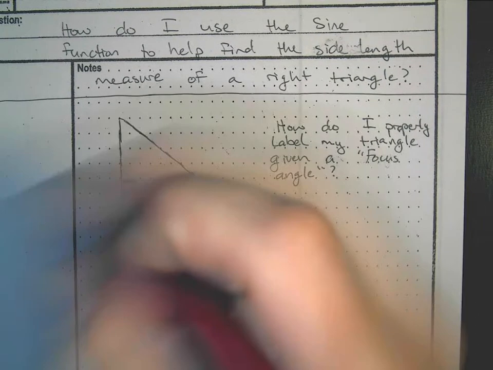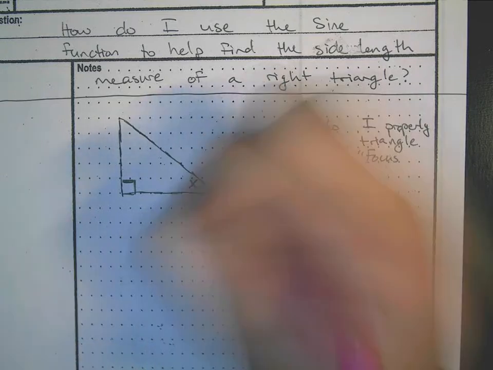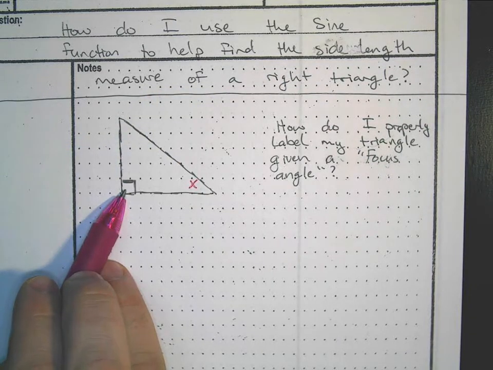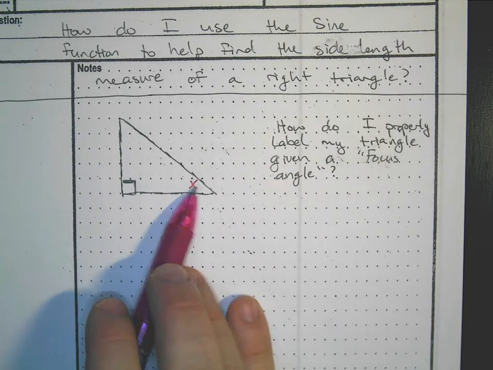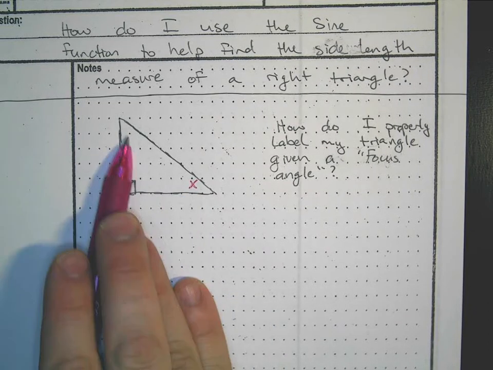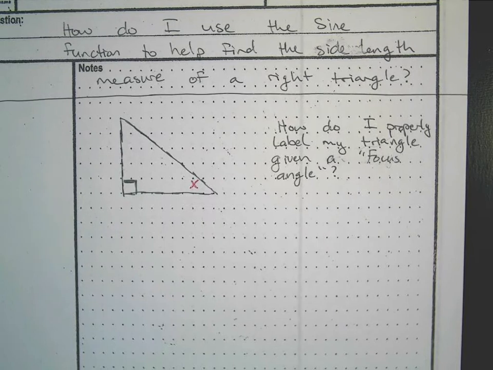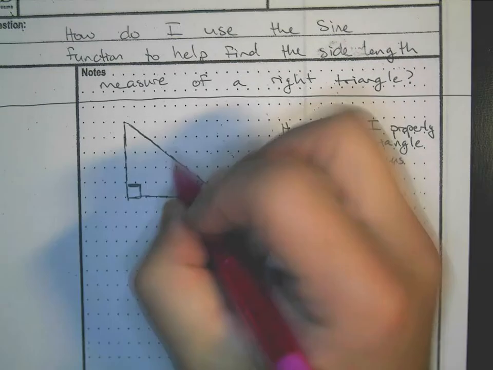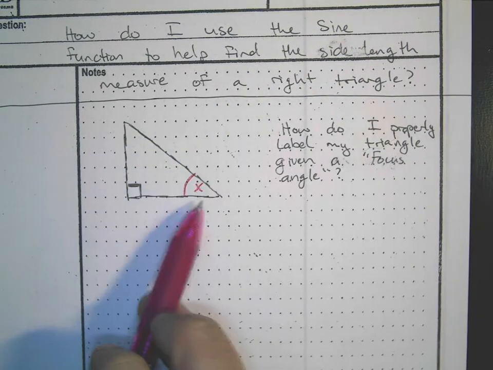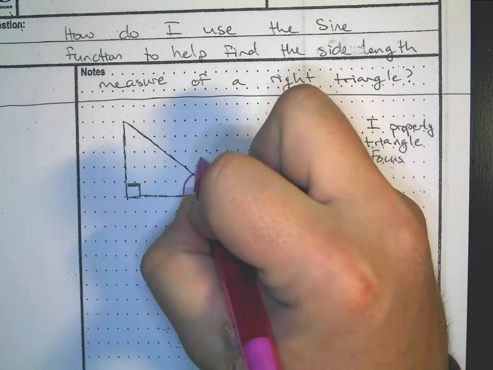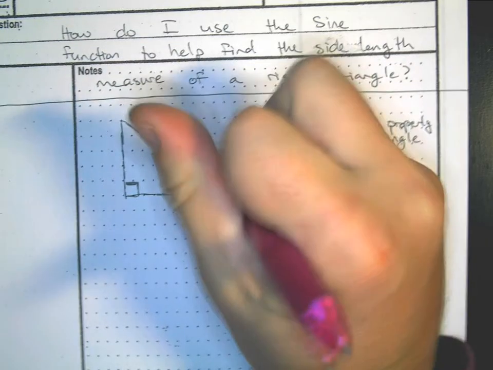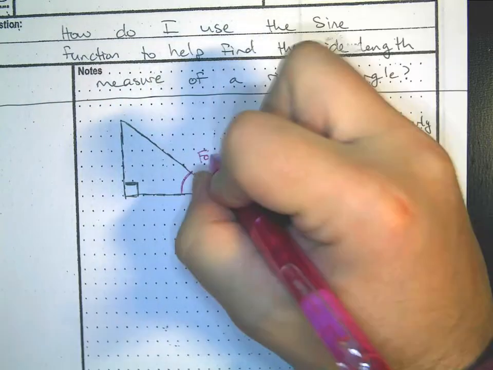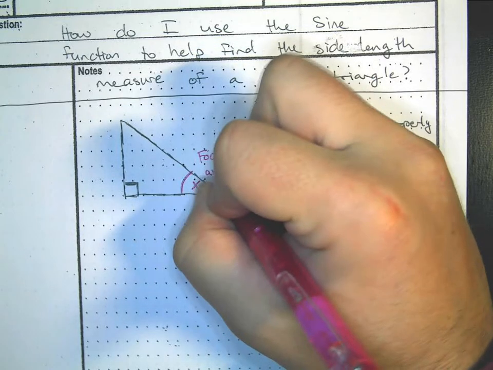So let's say I put my focus angle here. The right angle will never be the focus angle. One of our other two angles will be our focus angle. This given angle, which we're just calling x, is my focus angle.